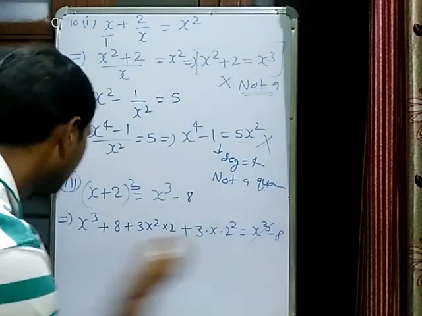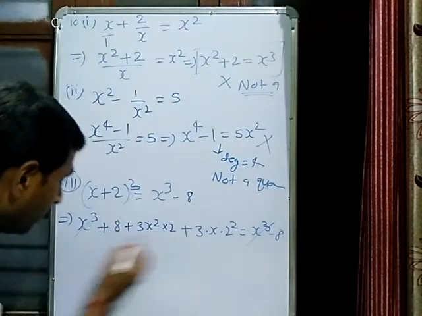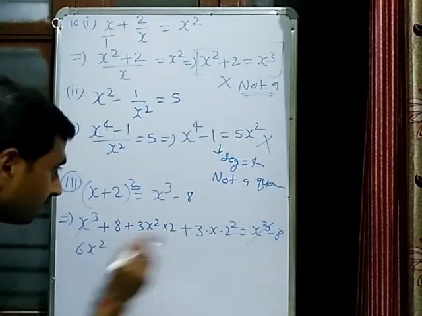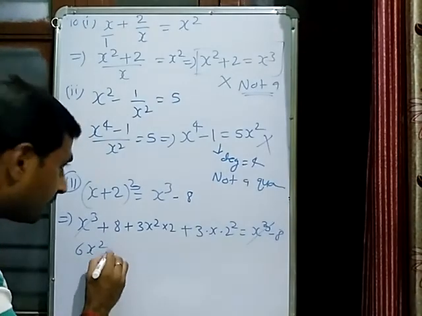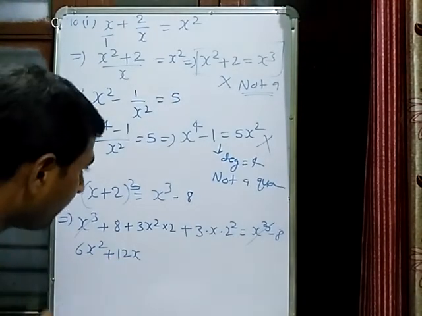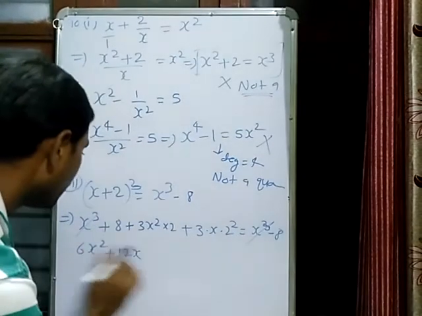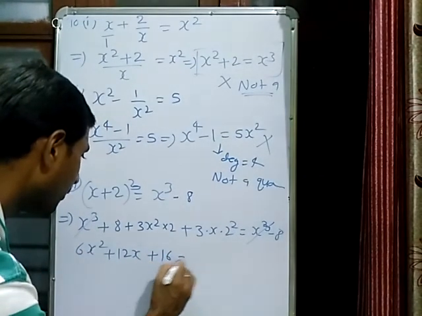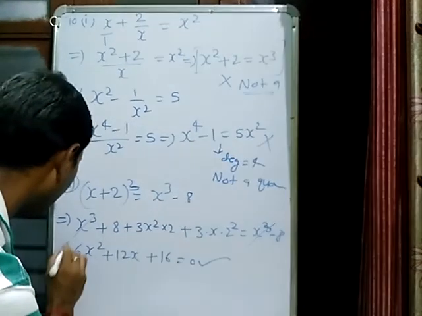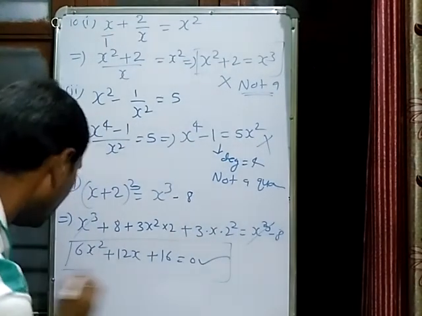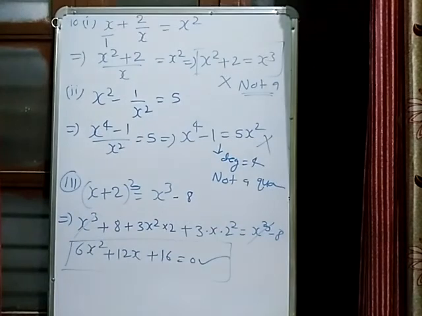See, x cube gets cancelled from both sides. 3 times 2 is 6x square, 4 times 3 is plus 12x plus 8, and transpose this also, plus 8 plus 16 is equal to 0. So this is a quadratic equation. What is the degree of this equation? Its degree is 2, so it is a quadratic equation. So its third part is correct.